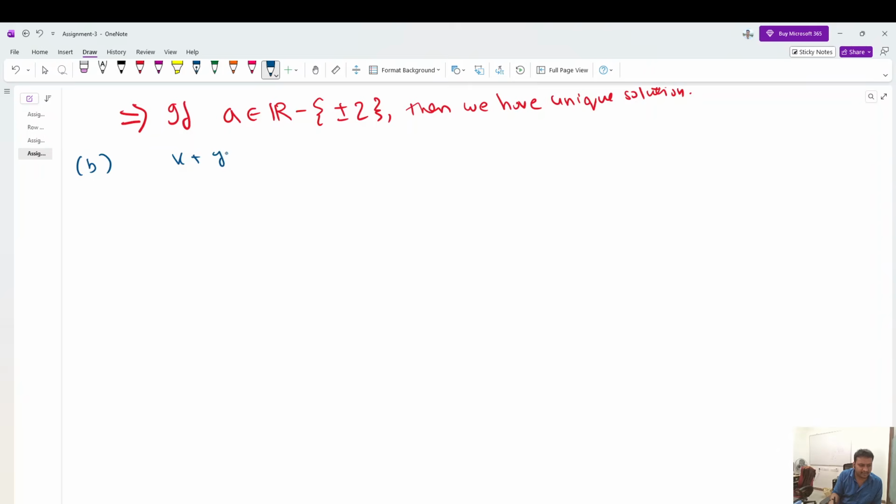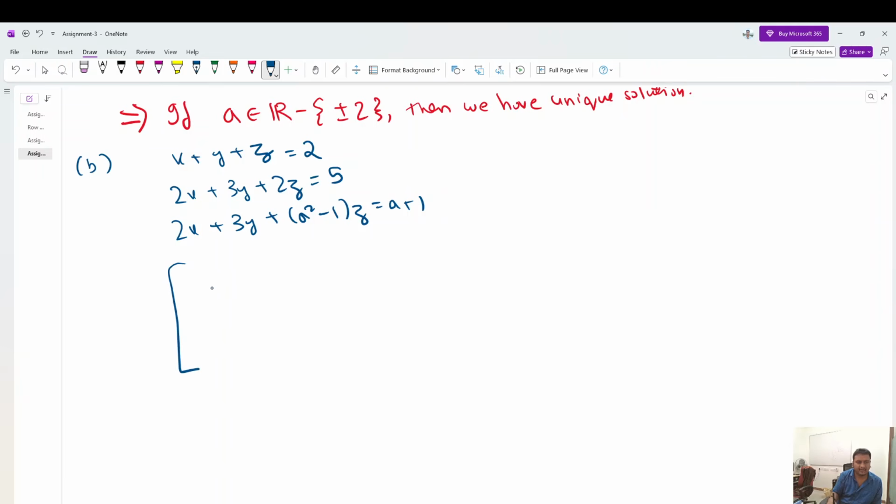So x plus y plus z equal to 2. 2x plus 3y plus 2z equal to 5. 2x plus 3y plus (a square minus 1) z equal to a plus 1. Okay, let us see.